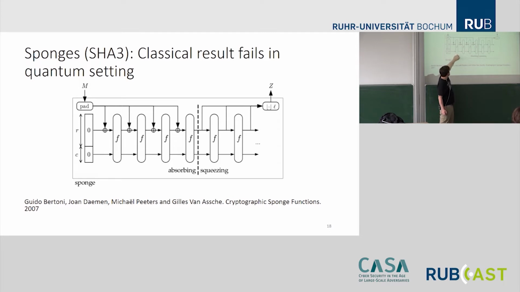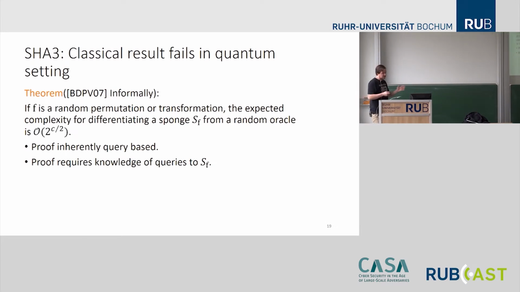Then we apply some internal function, and then we take the next message block again, XOR it into the rate part, and so on. When we have absorbed the whole message, then we can produce arbitrarily many output bits by just grabbing the rate part of the internal state. After we output this, we apply the internal function or block function once more and can get another block from the rate.